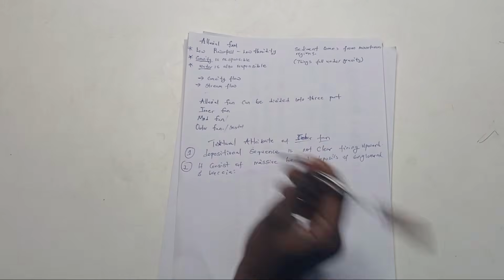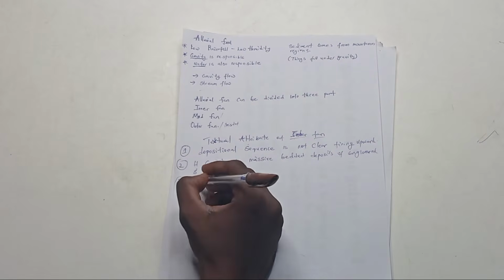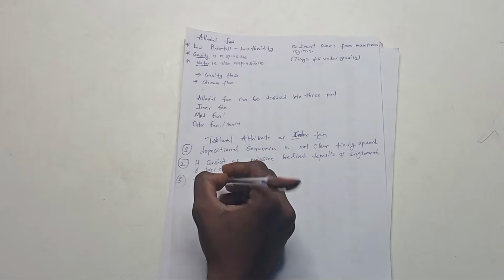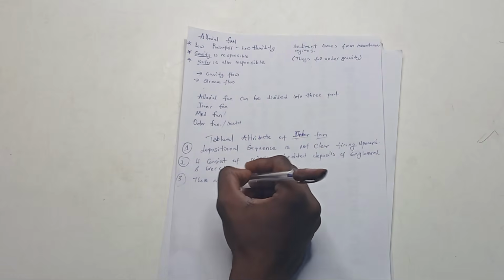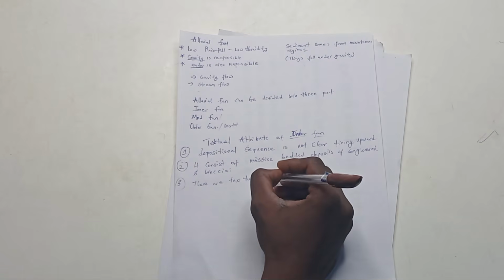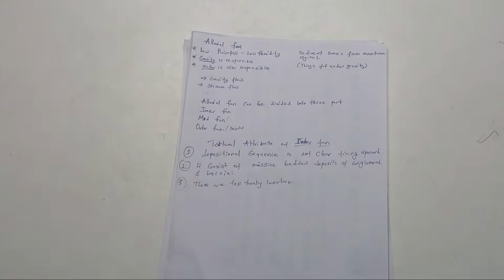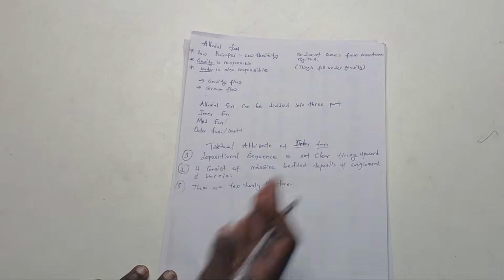That's the layman's word, but in geology, we use coarse and fine very well. They are texturally immature. Good. Now, this is the textural attribute of the inner fan. The depositional sequence is not clear fining upward.